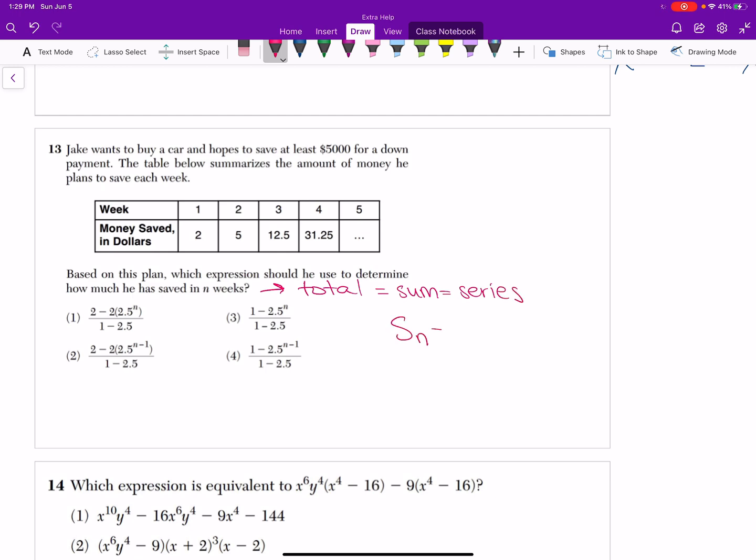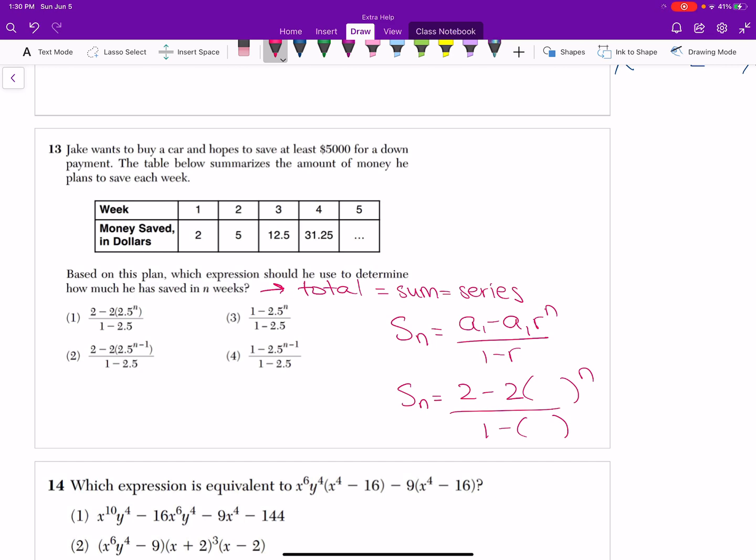This formula is on our reference sheet. You do not have to have it memorized. A1 is the first term, how much he is starting with. So Jake is starting with $2. And we just have to find R. Now the nice thing is you don't even have to find R at this point.